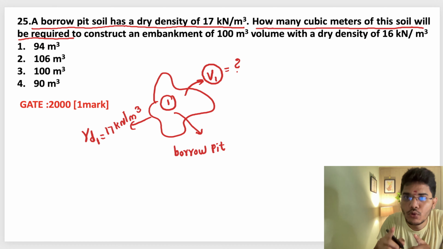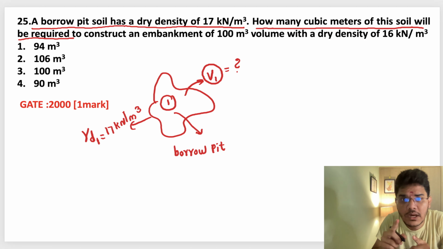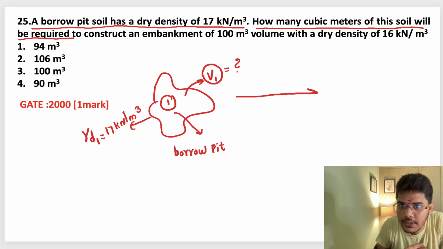How many cubic meters of this soil, means this borrow pit soil, will be required to construct an embankment of 100 meter cube of volume. Actually, by using this soil, we have to construct an embankment.